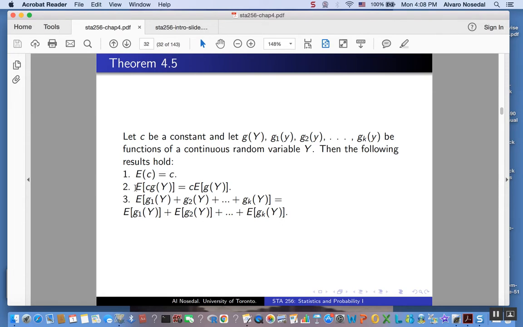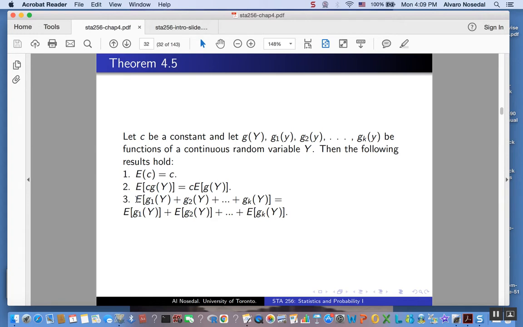That the expected value of a constant times g of y, a transformation of the original random variable, is going to be just c times the expected value of that transformation, meaning we get to factor out that constant if you are dealing with an expected value, right?